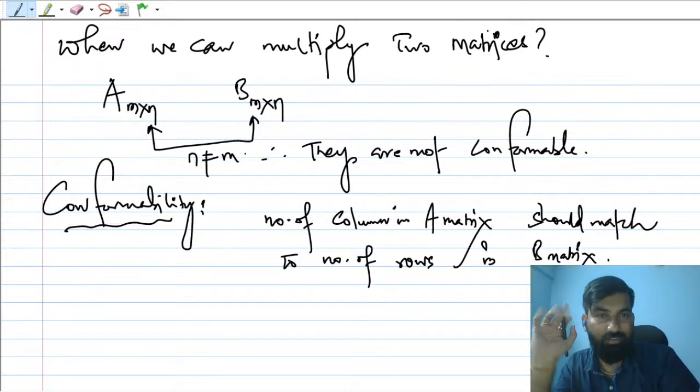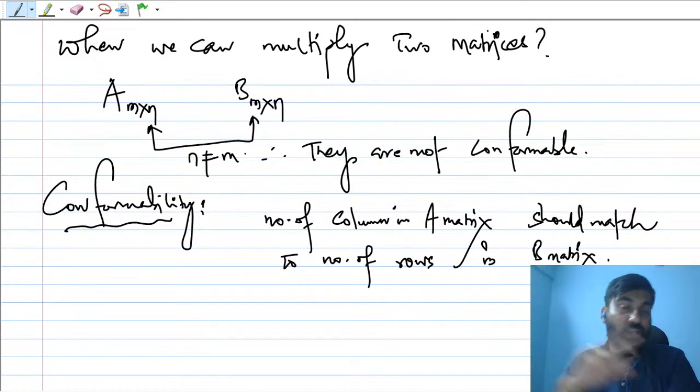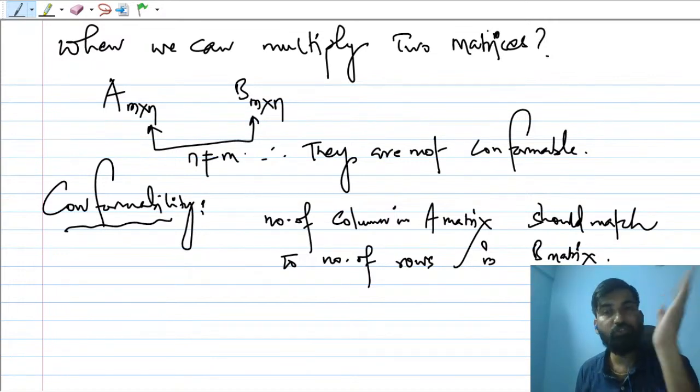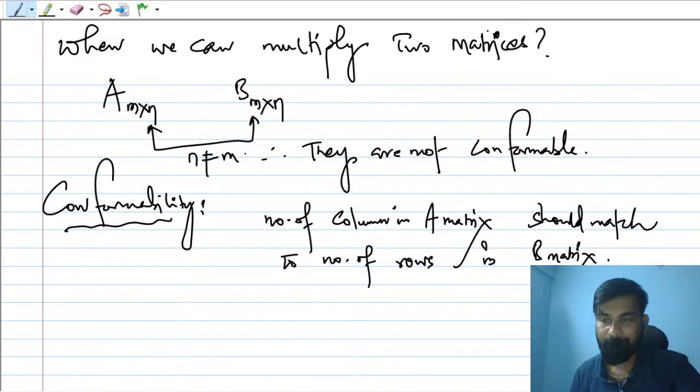That you have to keep in mind. You can't multiply if they are not conformable. We can't multiply, that you have to make sure. This is a very important concept, right? If conformability is not holding, then you cannot multiply. That you have to keep in mind.